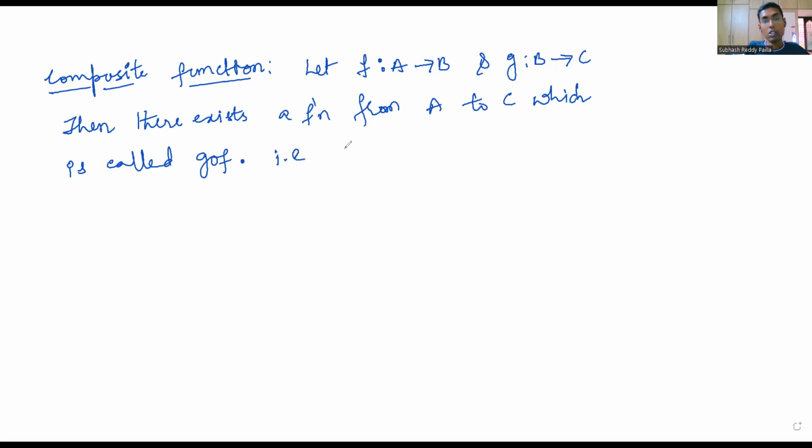That is, g circle f is a function from A to C, defined as g circle f of x equal to g of f of x.